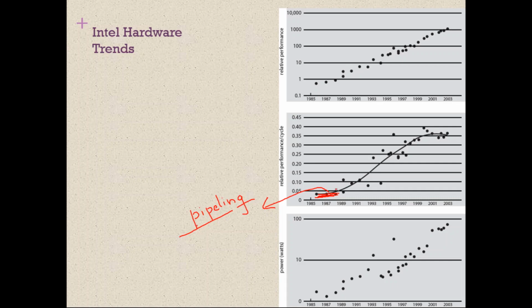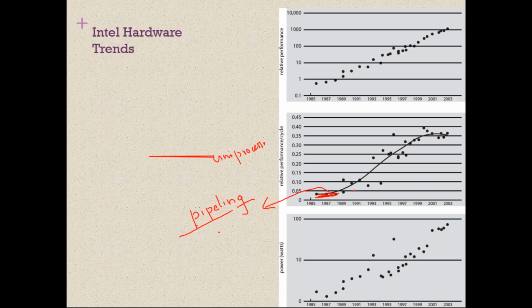But later, after 1989 or 90, the pipelining, superscalar, all these features started being incorporated into the microprocessor. So we are talking about a single processor, uniprocessor. After 1990, the scientists and engineers started to incorporate these features: pipelining, superscalar, and SMT.